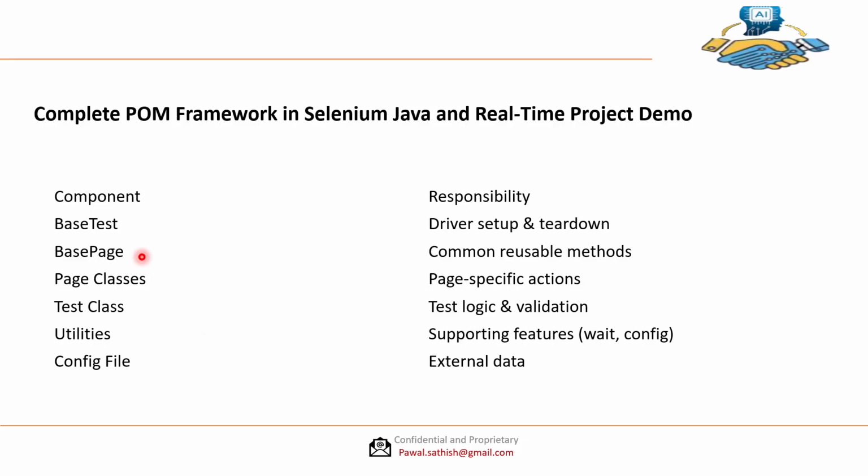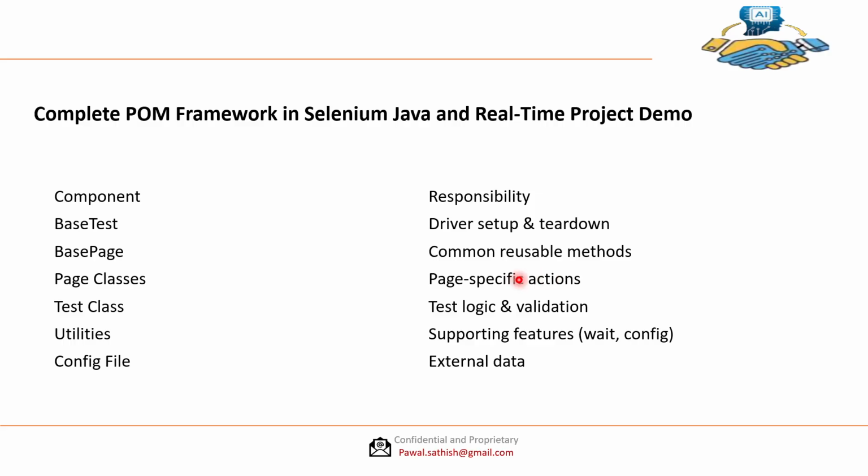So these are the different components when we are developing a POM framework. The base test is basically used for the driver setup and teardown. The base page is used for the common reusable methods.